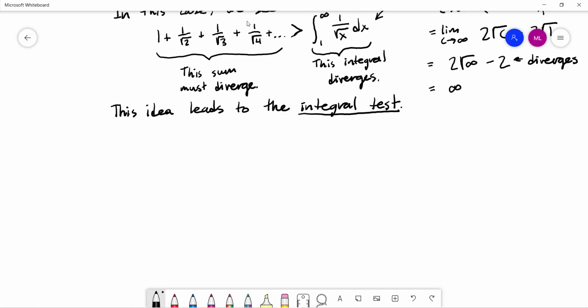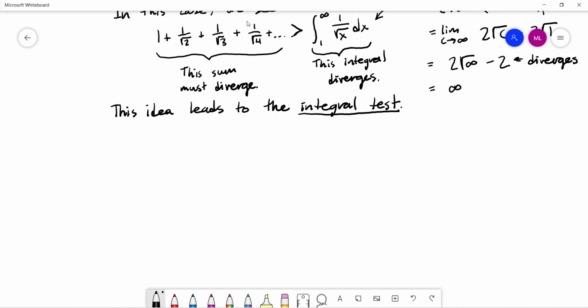If you want to show that your series diverges, you need to ensure that the area of your series is larger than the integral that you're comparing it to. If you want to show that your series converges, then you need the areas associated with your series to be smaller or below the curve that you're using to show that that curve converges.